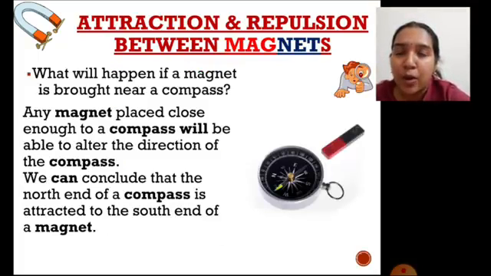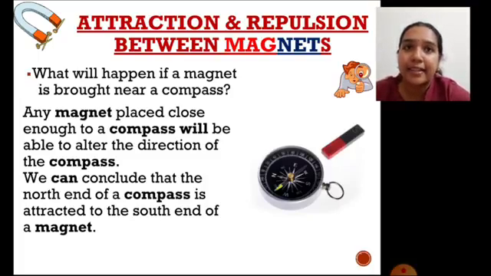You may get a doubt about what will happen if a magnet is brought near a compass. The needle of a compass itself is a magnet, and thus the north pole of the needle always points north, except when it is near a magnet.